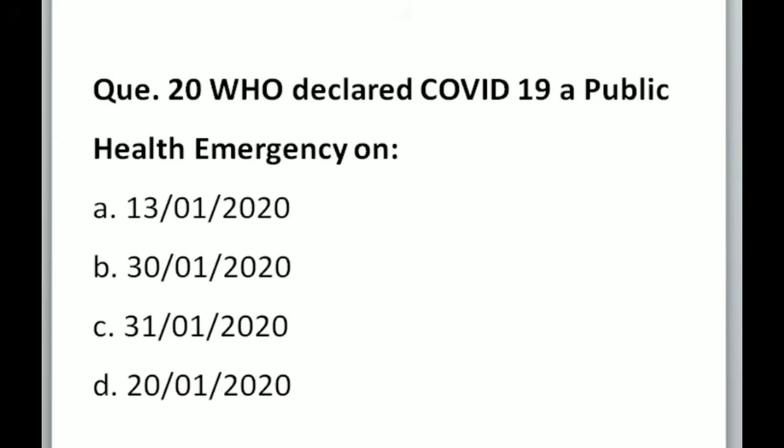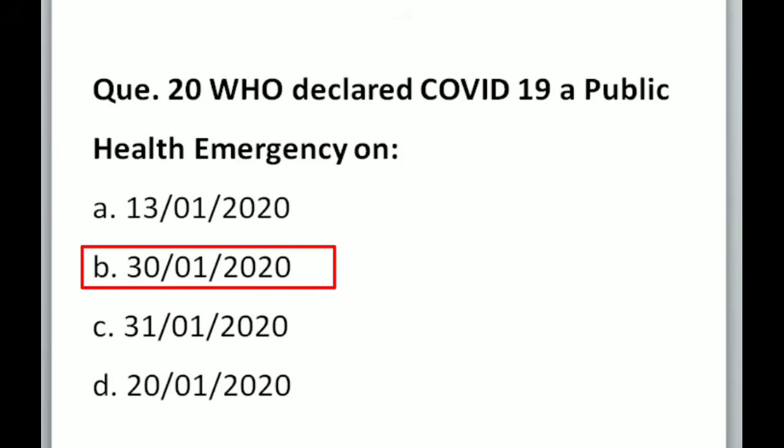Q20. WHO declared COVID-19 a public health emergency on A. 13th January 2020. B. 30th January 2020. C. 31st January 2020. D. 20th January 2020. Correct option is B. 30th January 2020.